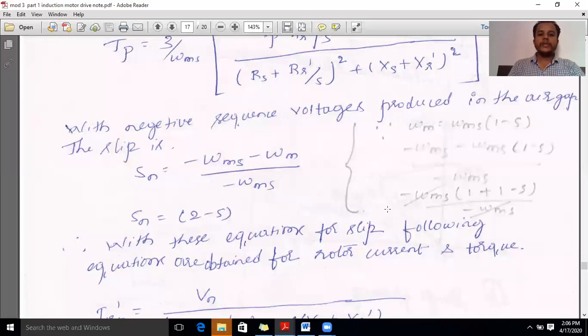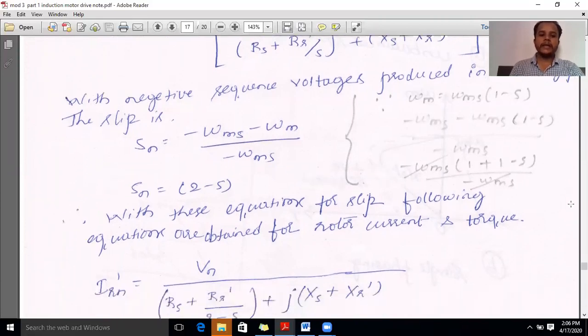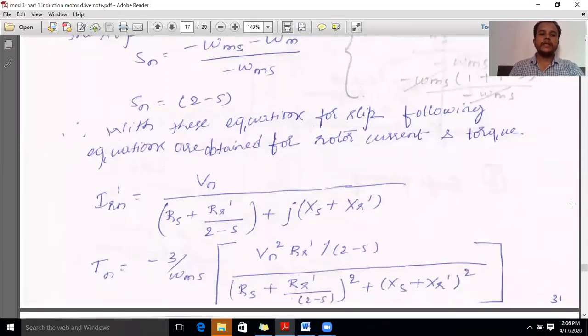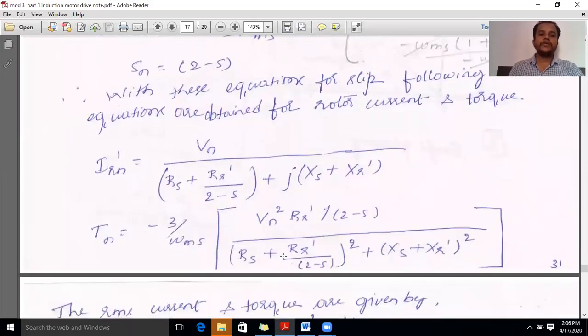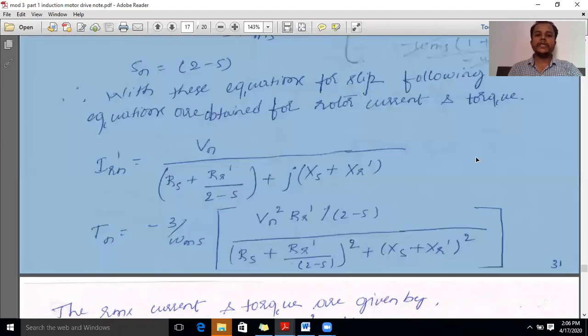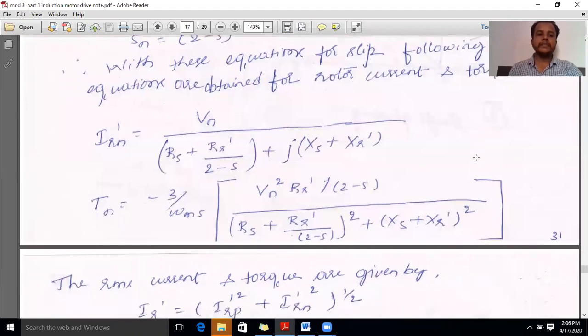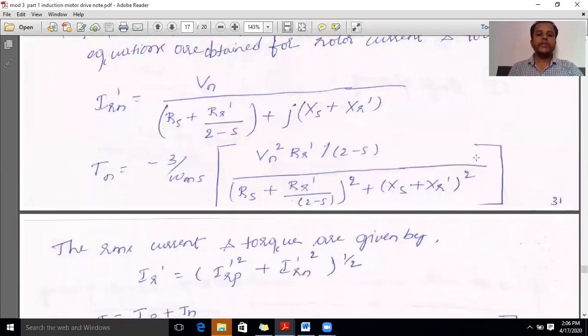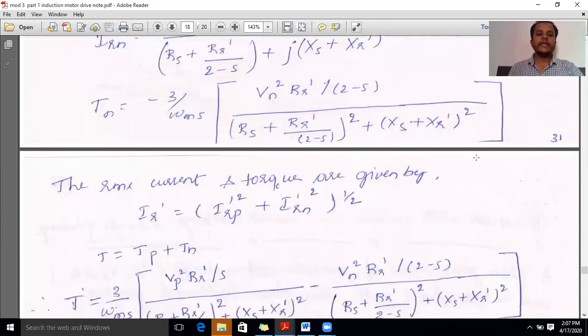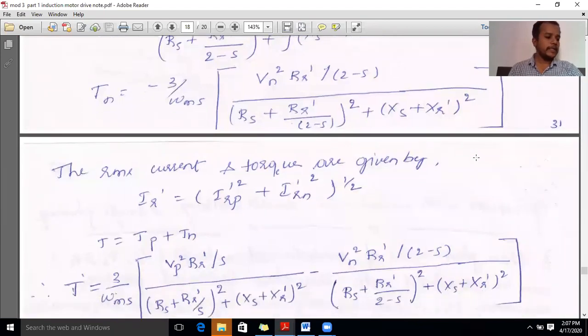With this equation for slip, the following equations are obtained, that is Ir dash N for the negative sequence and again TN. Just put 2 minus s instead of s. These are the two equations you can get. Now the RMS current and torque are given here.